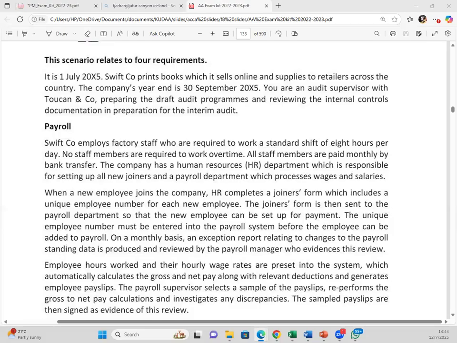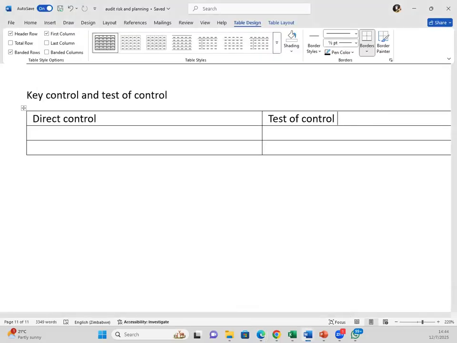So you can put a heading to your answer: on the direct control, segregation of duties.